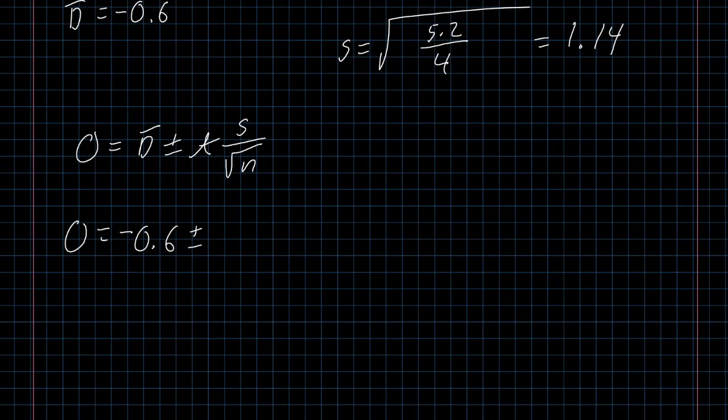We're looking at a two-tailed test with 0.05, and degrees of freedom is 4, which gives us that the t-score is 2.776. S is 1.14, N is 5.